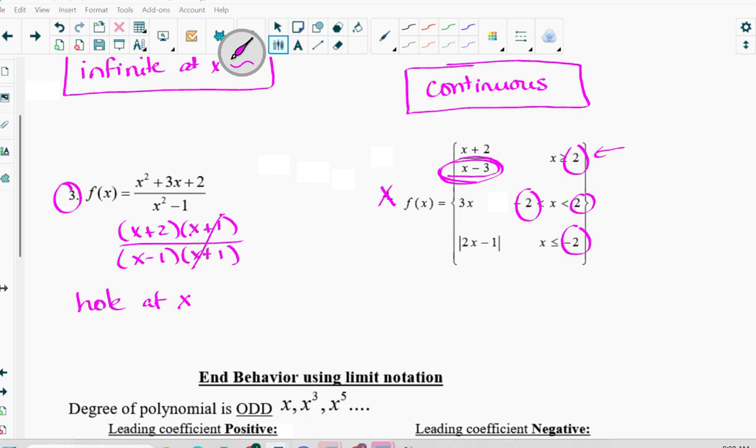Okay, and then what makes that factor 0 is where the discontinuity is. So at x equals -1. Then the other one is infinite, at x equals +1. This other factor in the numerator, this x plus 2, does nothing. We don't care about it.